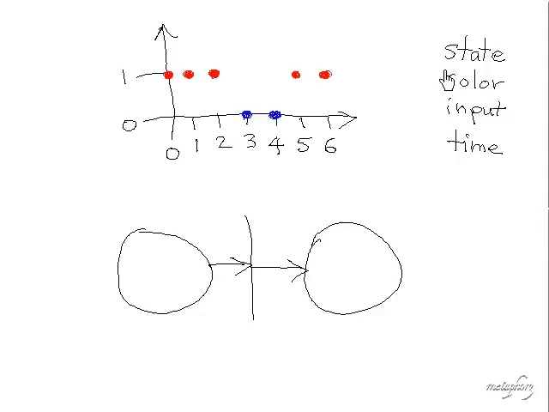We're going to talk about the idea of state, because so far we haven't really talked about the state of a Petri net, color, input, and the concept of time, because we're going to allow this to be a timed Petri net.